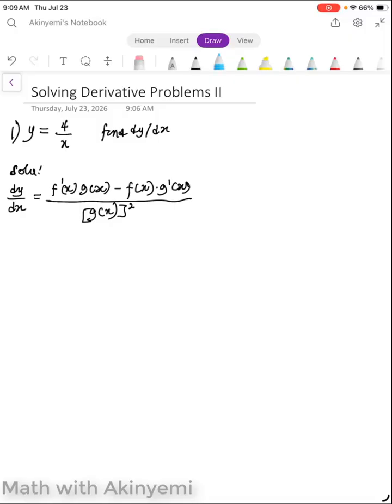As always, the first thing is to label this f(x) and label this g(x). That is always the first thing to do, label it.